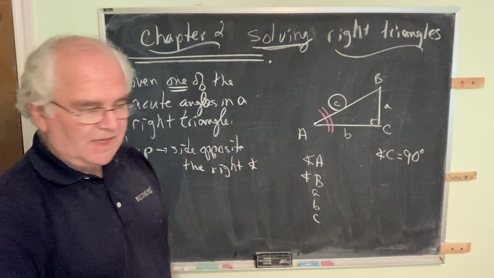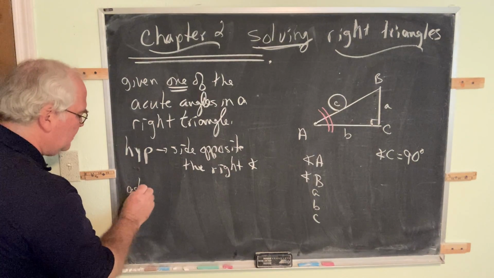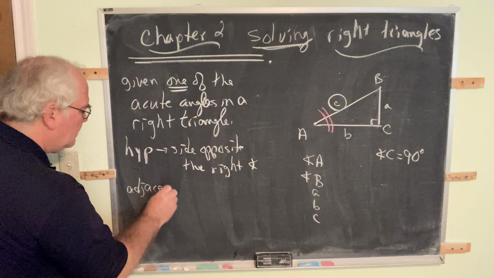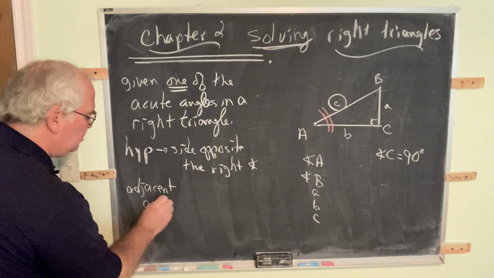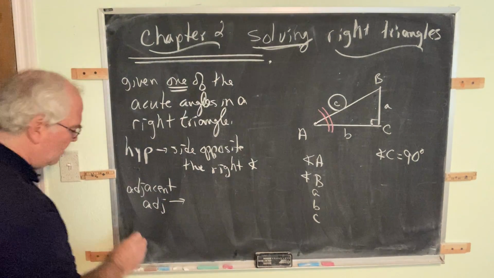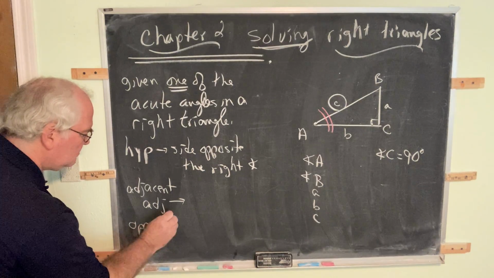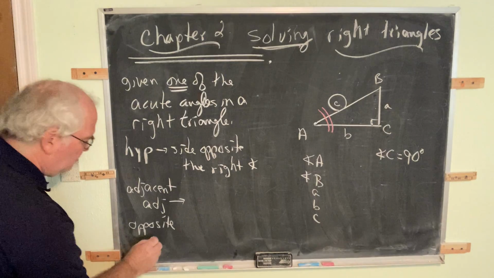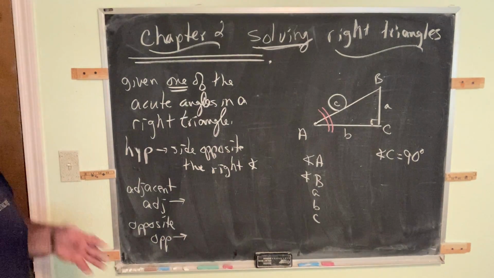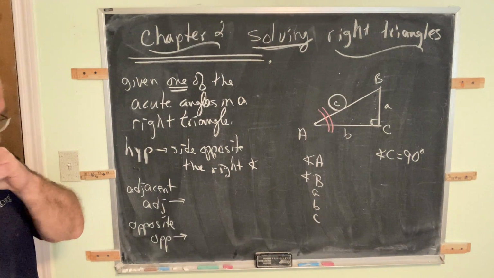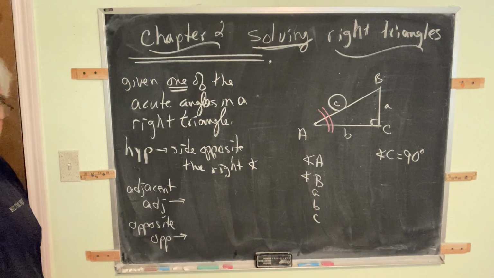Little c in this case is the hypotenuse. Then we have what's called the adjacent side, which I will abbreviate ADJ. And then we have the opposite side, which I will abbreviate OPP. This is standard. Everyone does it the same way. You might as well join the club. There's the hypotenuse, there's the adjacent side, there's the opposite side.